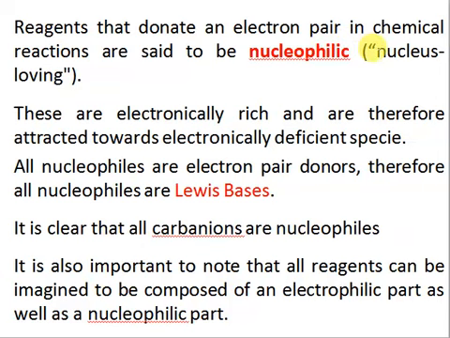The nucleus has a positive charge, so any species that can donate an electron pair will be attracted towards a positive charge. Nucleophilic species are electronically rich, and they are attracted towards species which are electronically deficient. All nucleophiles are electron pair donors, and electron pair donors are known as Lewis bases. Therefore all nucleophiles are Lewis bases.